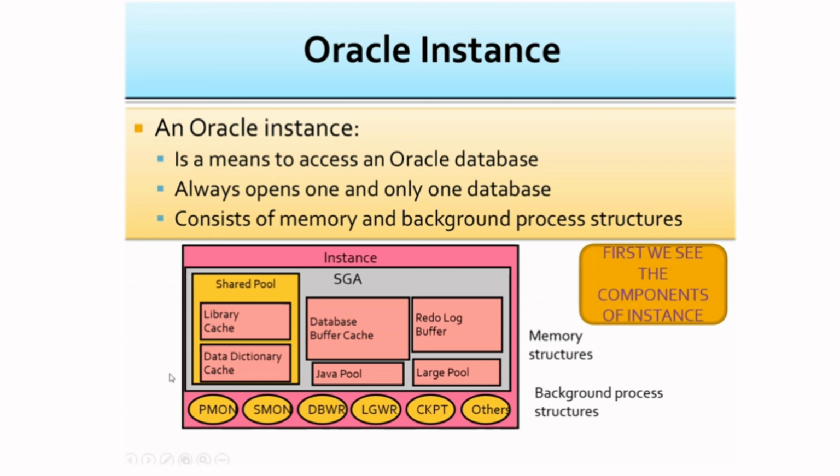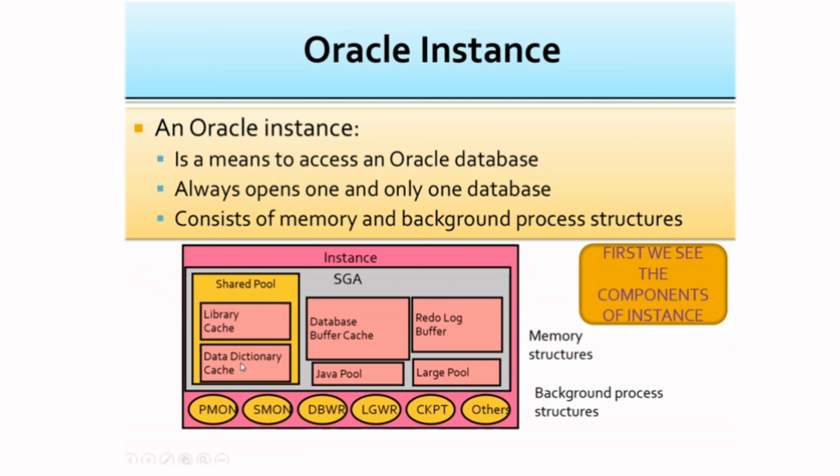In the instance, we find the SGA, System Global Area. In the SGA, we can find the shared pool, and in the shared pool, we have the library cache and data dictionary cache.